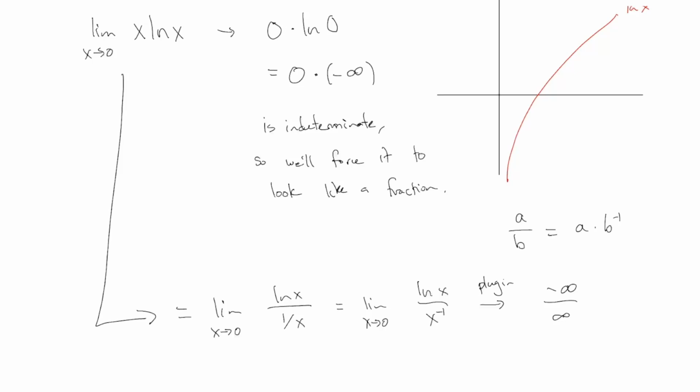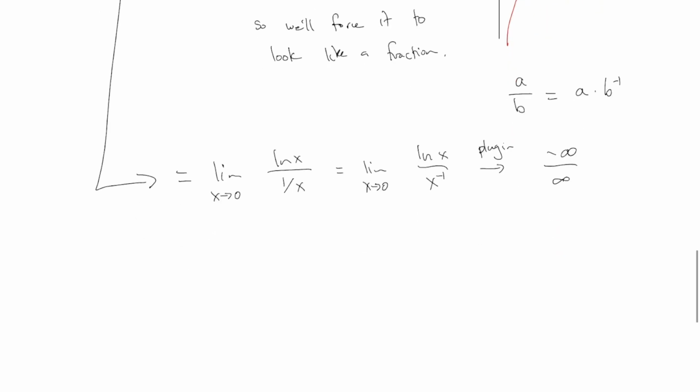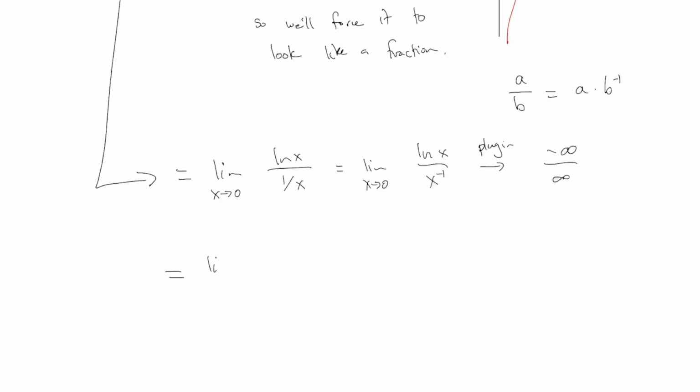And so we now have an indeterminate form that looks like infinity over infinity. And so we may use the classic L'Hopital's rule on this. And this is the purpose of doing that. This admittedly weird step here is to turn it into something that looks like a more typical L'Hopital's rule. All right. So we may now do the L'Hopital rule.